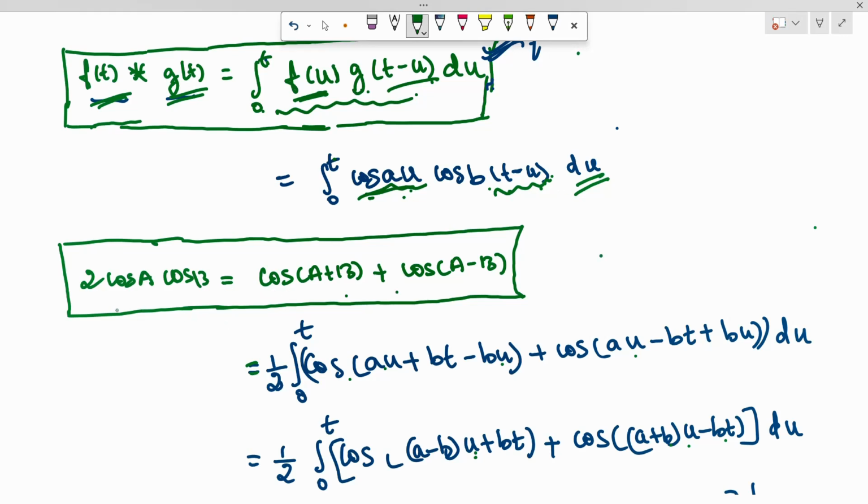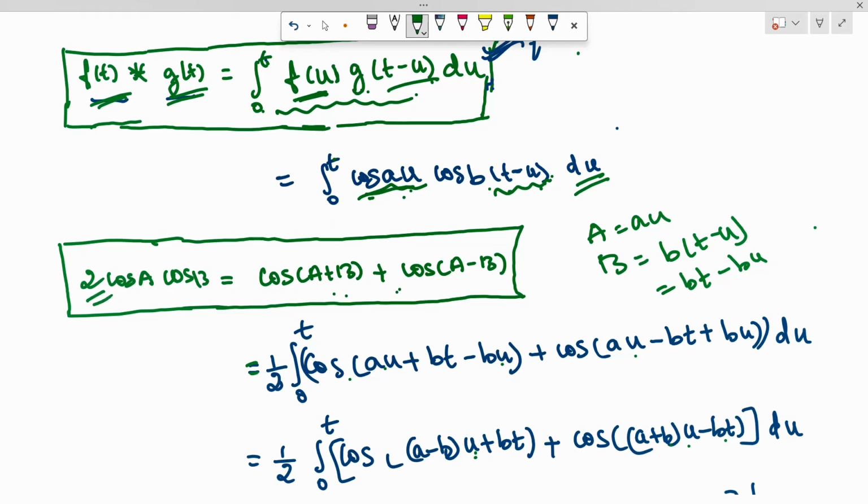We know the formula 2 cos a cos b equal to cos of a plus b plus cos of a minus b. Apply this 2 cos a cos b formula here. Here capital A is au, capital B is b into t minus u, that is bt minus bu. The whole term will be like capital B. Now apply this formula here.